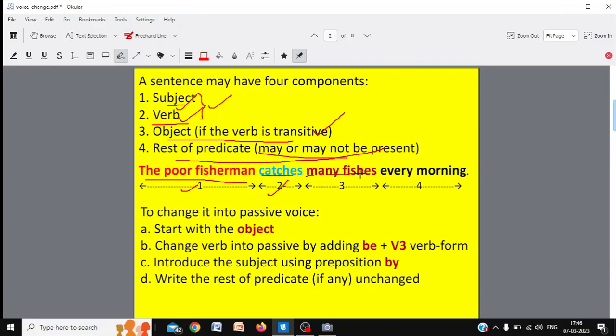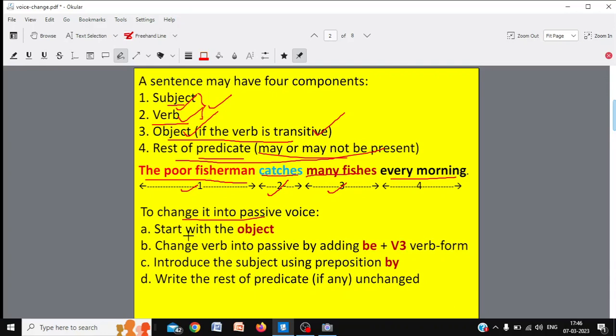Many fishes, object, that is number 3. And the rest of the predicate, number 4, every morning. So we have the poor fisherman, 1 subject; catches, 2 verb; many fishes, object 3; and every morning, the rest of the predicate 4.